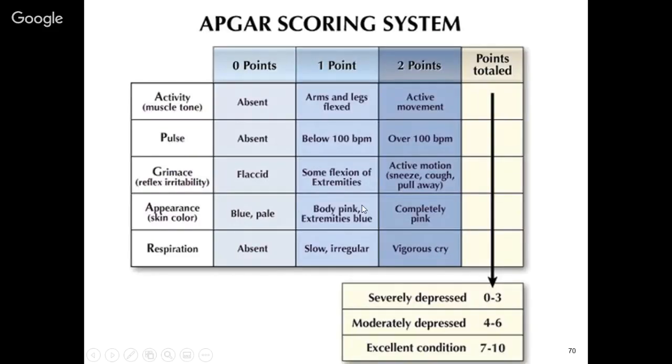So here is an APGAR scoring. So they get 0 to 2 points. So activity or muscle tone, if there's no movement, 0. If they have active movement, they're going to get 2. If the arms and legs are flexed, but they're not really moving, then 1 point. This is slightly subjective. Pulse, absent, below 100, or over 100.